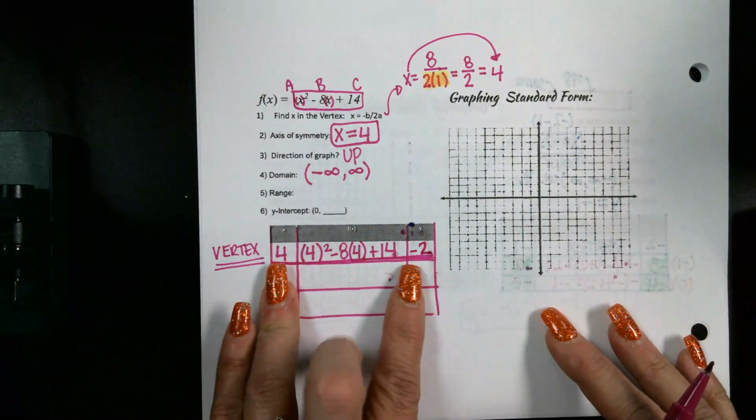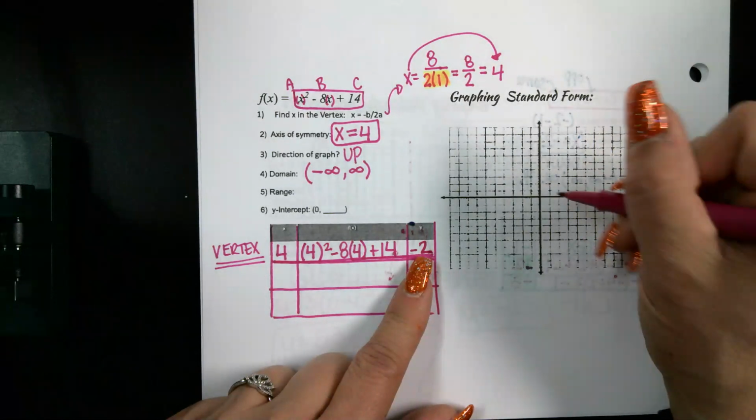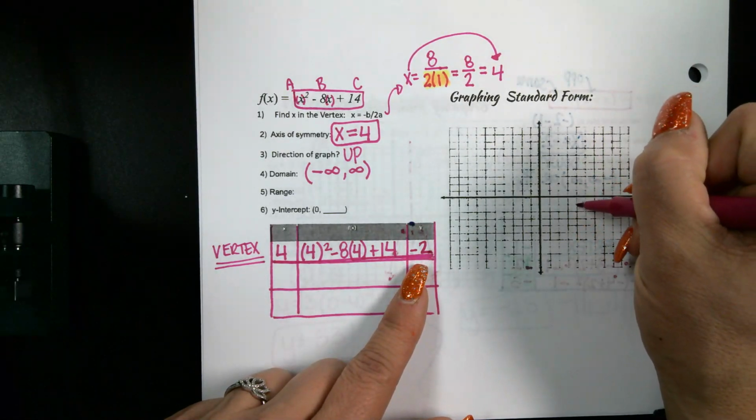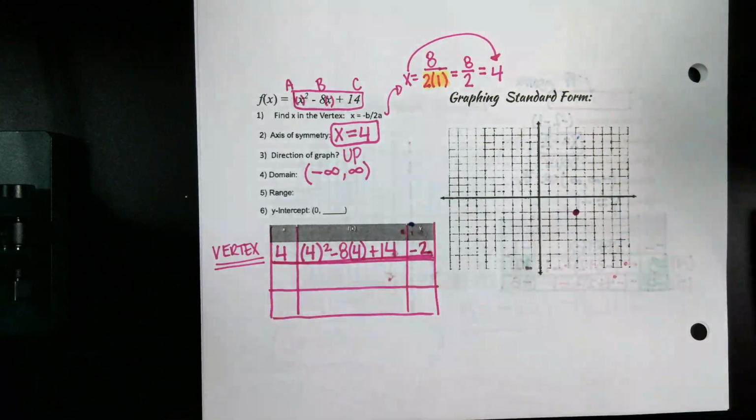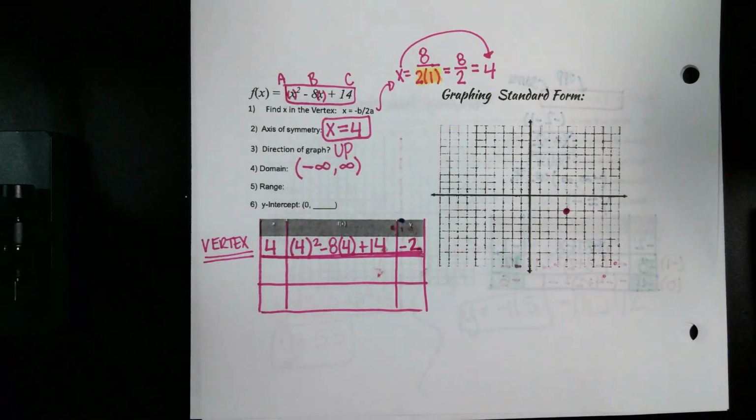Because we know our vertex, we can plot 4, negative 2. Did everybody get negative 2?